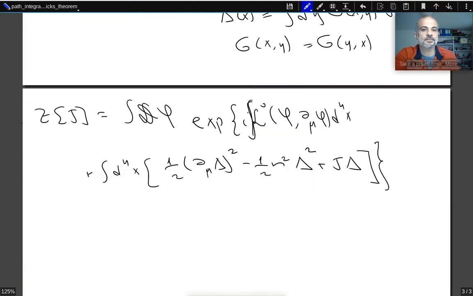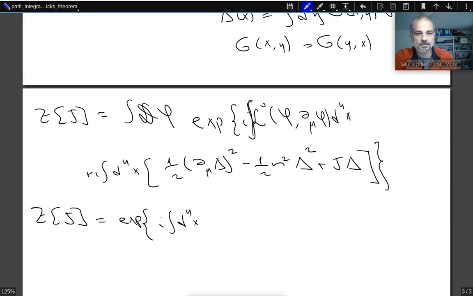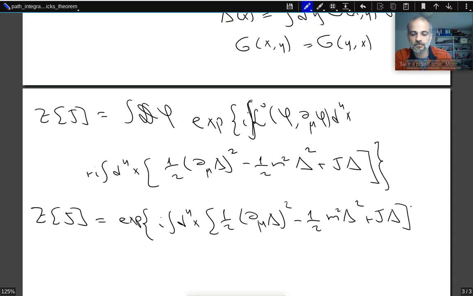This is our Z of J. But note that the second line is independent of my field, so I can just take it out of the integral. So Z of J becomes the exponent, well, there's the i, i d4x 1 over 2 del mu delta squared minus 1 over 2 m squared delta squared plus J delta.